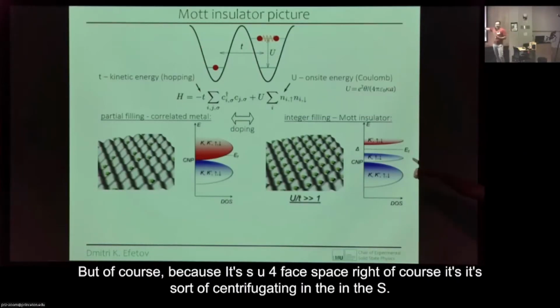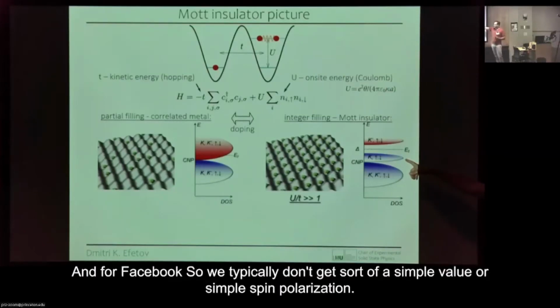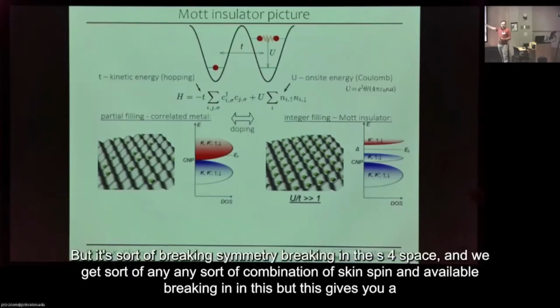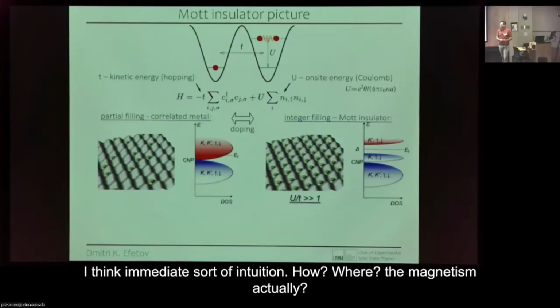But of course, because it's SU(4) phase space, it's symmetry breaking in the SU(4) phase space. So we typically don't get a simple valley or a simple spin polarization, but symmetry breaking in the SU(4) space, and we get any combination of spin and valley breaking in the system.